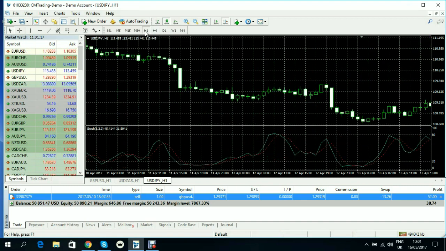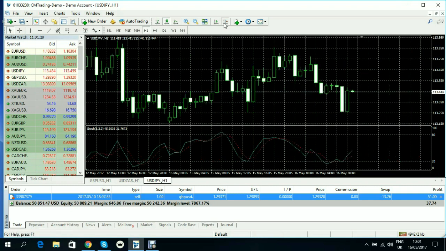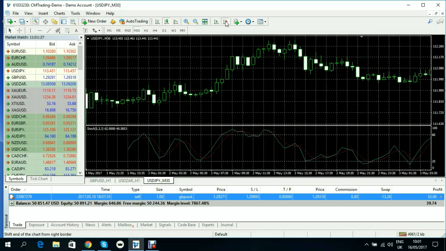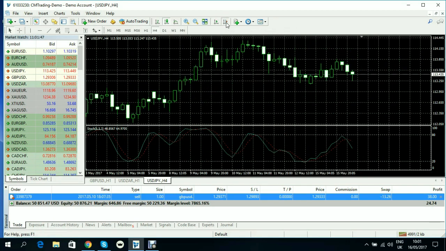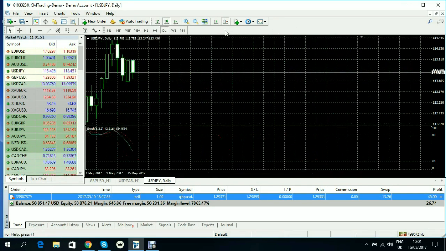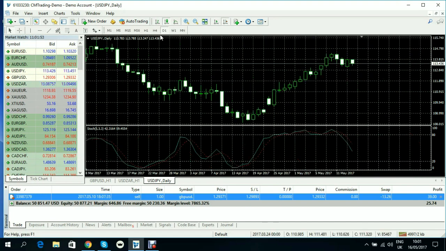If we come to 1 hour, it works the same way. If we go to 30 minutes, it works the same way. But the best and most stable time frames for stochastic are the 4 hour time frame and the daily time frame.